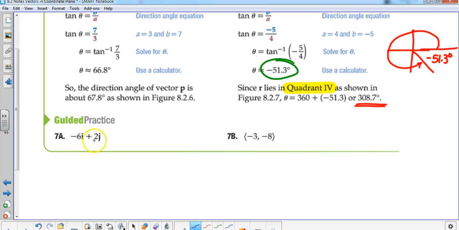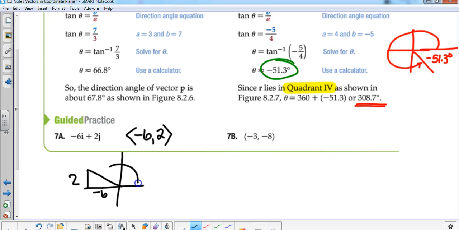Negative 6, 2 is the same as this vector, as we've discussed. What quadrant should that be in? Negative 6, positive 2 should be here. You know how to find the magnitude. Now we're asking for the angle.